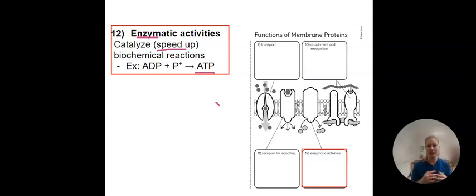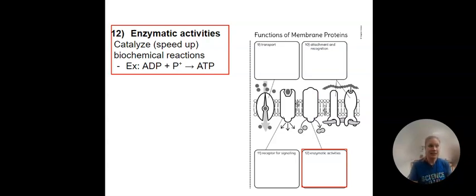ATP is essentially the currency, the money of the cell. You need to spend money in order to do things, and that's exactly what our cells need to do as well. So there are proteins embedded in the cell membrane that are enzymes. They can speed up chemical reactions to keep the cell alive, right? Maintain homeostasis. It's quite literally what it all comes back to, maintaining homeostasis.